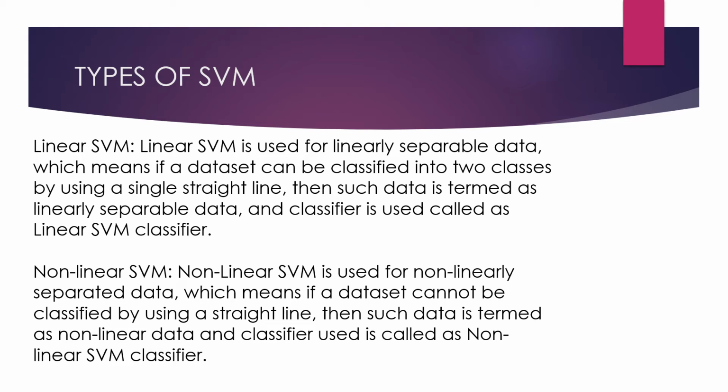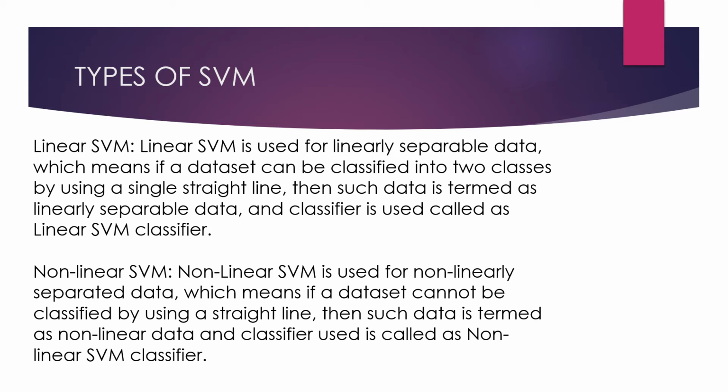Types of SVM: linear SVM and non-linear SVM. Let us see linear SVM. Linear SVM is used for linearly separable data, which means if a data set can be classified into two classes by using a single straight line, then such data is termed linearly separable data, and the classifier used is called a linear SVM classifier.